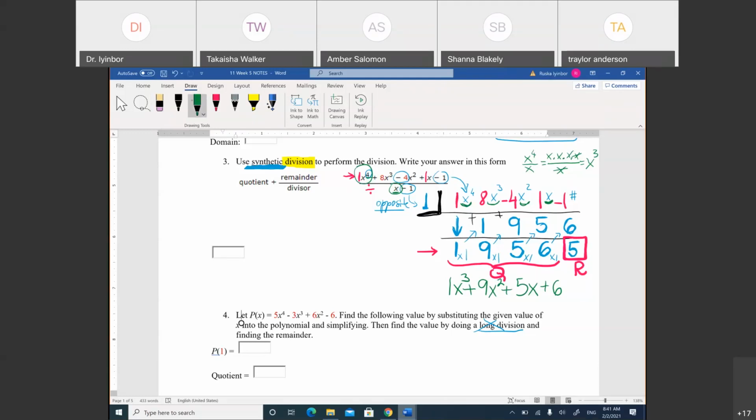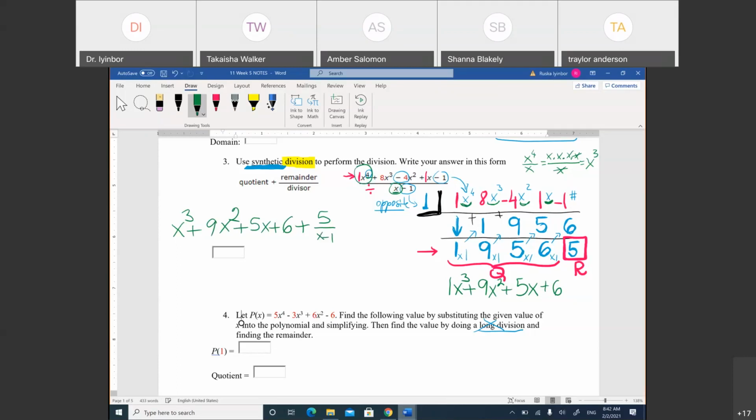So my final answer, and I'll show you how to put it in WebAssign in a minute, is going to be x cubed plus 9x squared plus 5x plus 6. That's my quotient. Plus the remainder, which is just 5, over, see, only the remainder is over the divisor. So 5 over what you're dividing by, x minus 1.